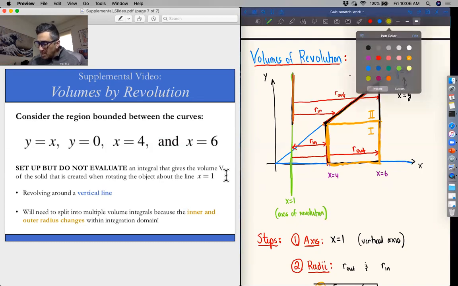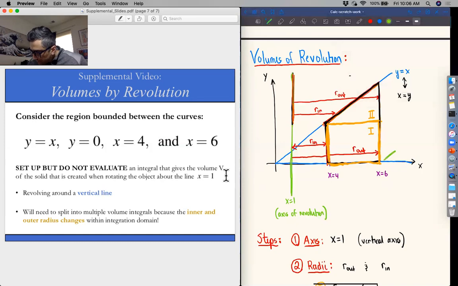So for us in this region, I would say this is the lowest y value, and right here is the highest y value. Literally just because when we look at the y-axis, this is what happens.